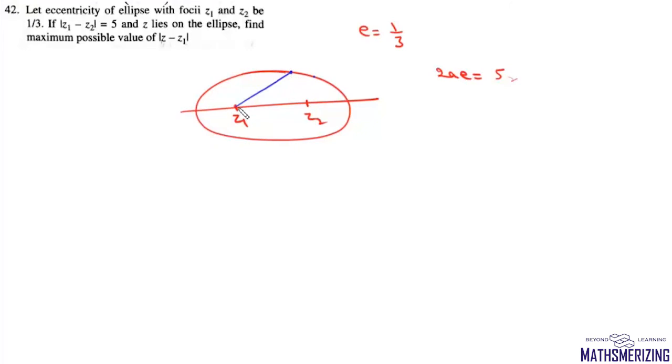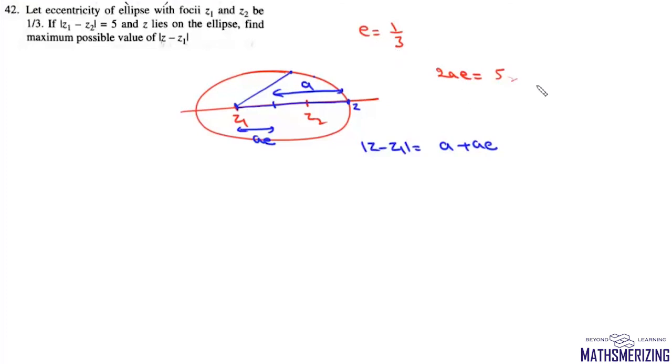This distance will be maximum when Z lies on the opposite vertex. This is the maximum distance. We know that the distance of the vertex from the center is a, and the distance of the focus from the center is ae. So the maximum possible value of mod of Z minus Z1 will be a plus ae. Now we need to find the value of a.